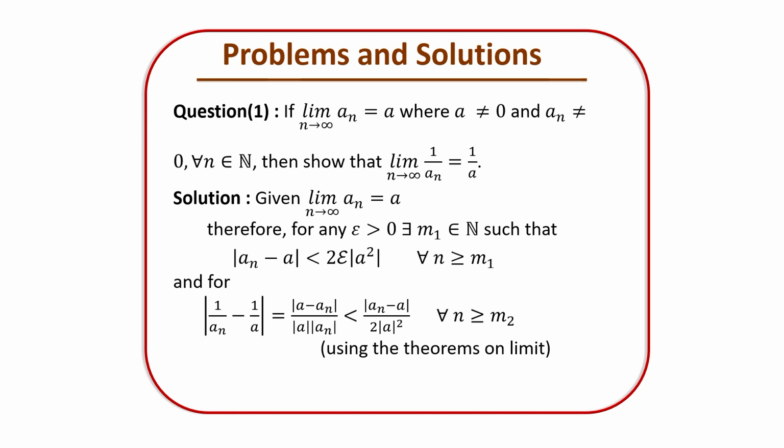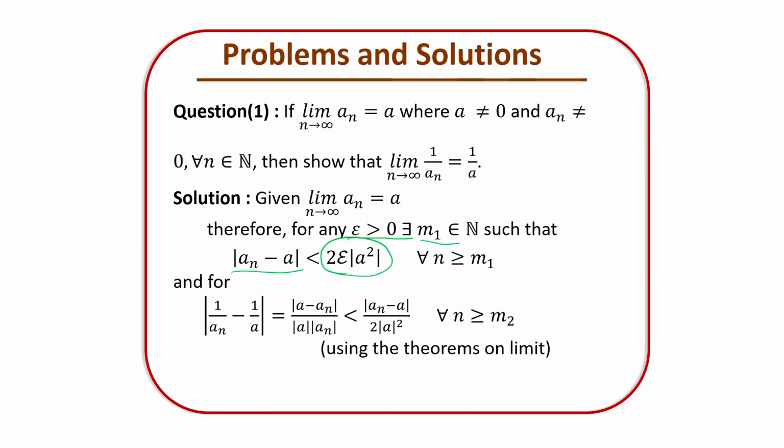For any given epsilon greater than 0, there exists a natural number m1 such that modulus of a_n minus a is less than epsilon, but I have chosen epsilon in such a way that it will fulfill my criteria: epsilon times modulus a squared, for every n greater than or equal to m1.